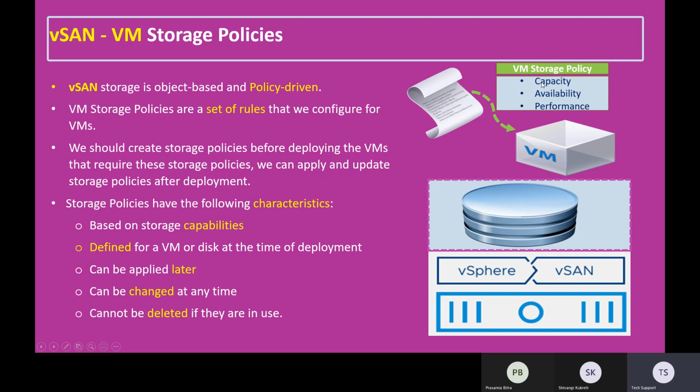Most of the time, the most preferable storage policies are three: capacity, availability, and performance. Let me give you an example for capacity. Suppose I want to set a capacity policy, where I want to configure my virtual machines with different policies. That capacity is large, medium, small.